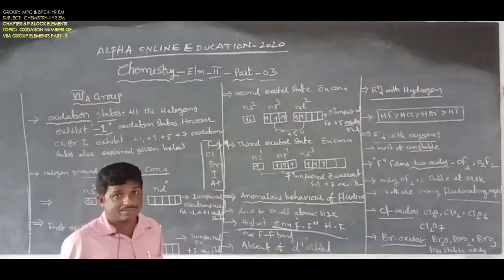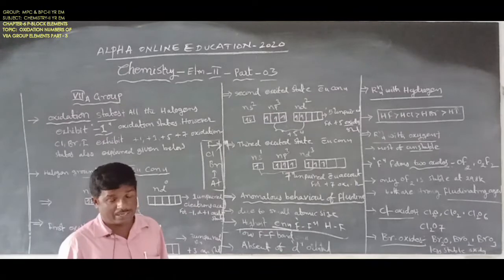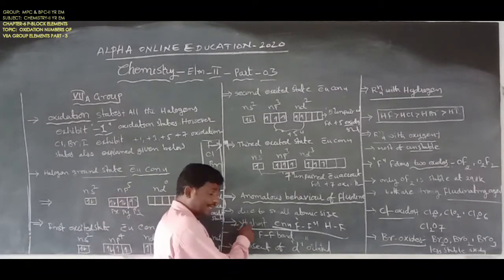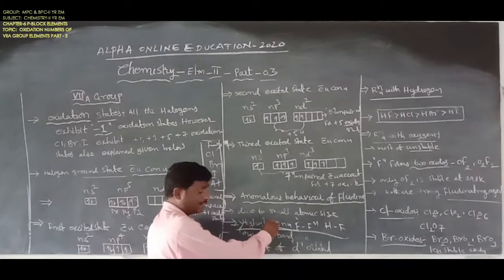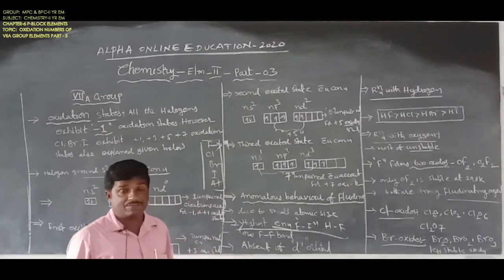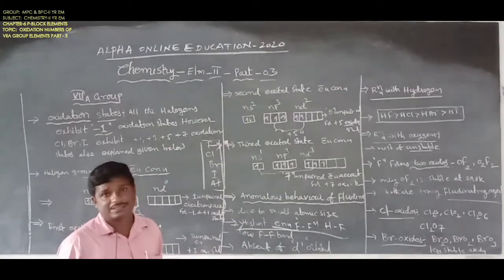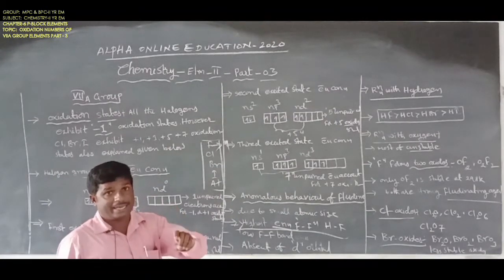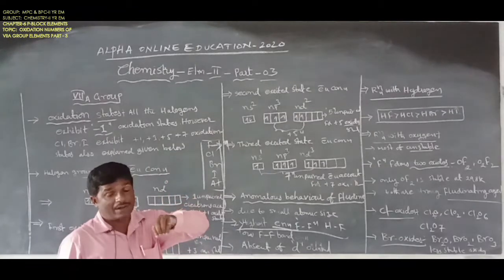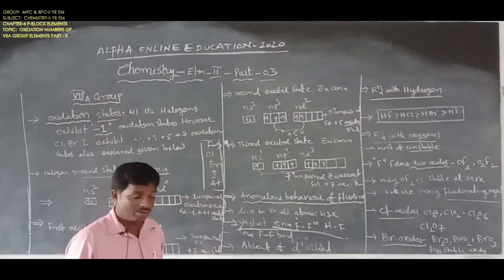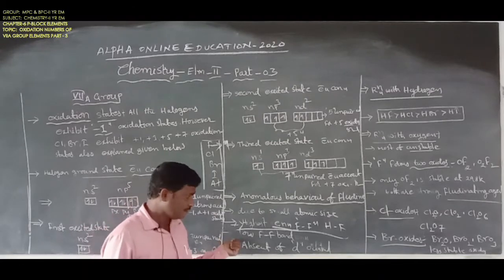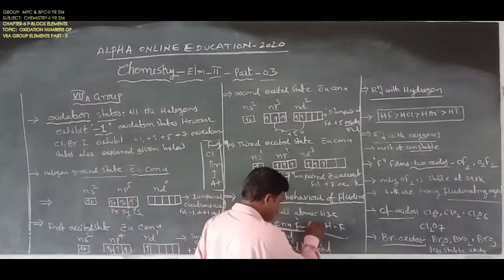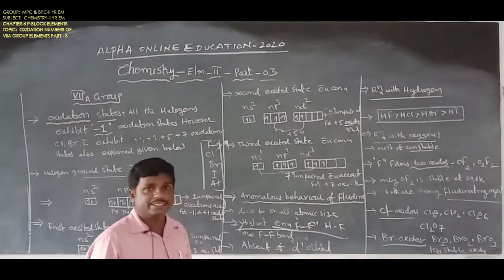All elements react with the fluorine atom, so fluorine is also called a superhalogen. It has the highest electronegativity. Electronegativity means the tendency of an atom to gain electrons. Fluorine has the highest electronegativity of all elements in the modern periodic table. Another property is low bond enthalpy of the F-F bond, due to the absence of d orbitals.